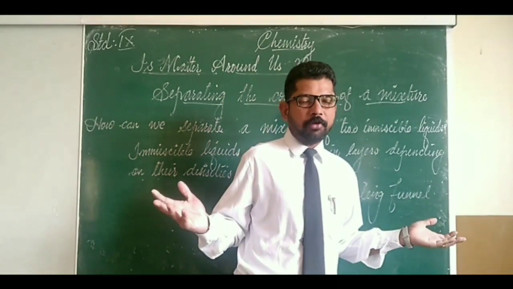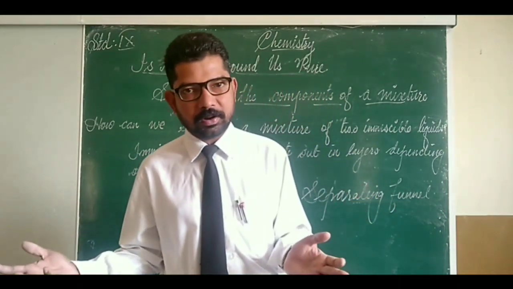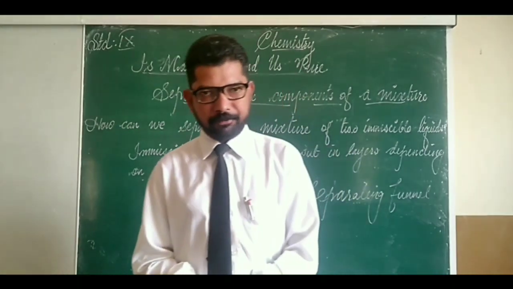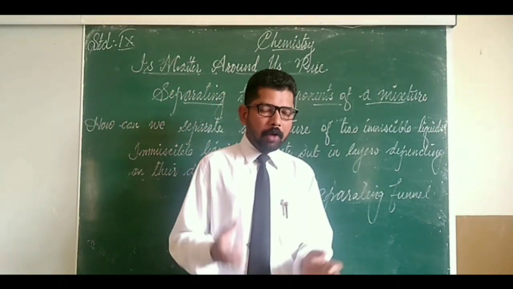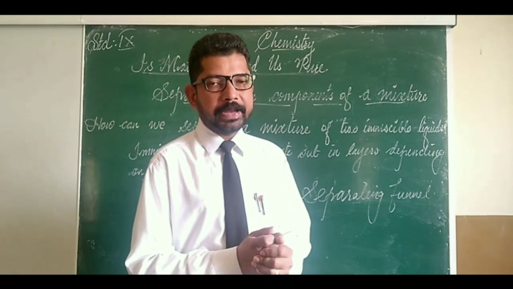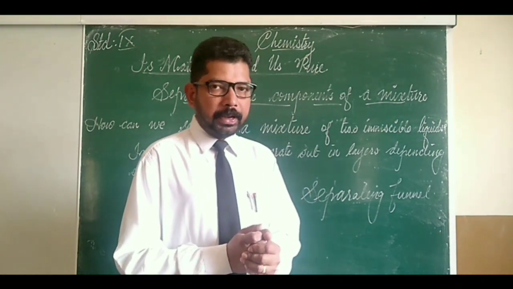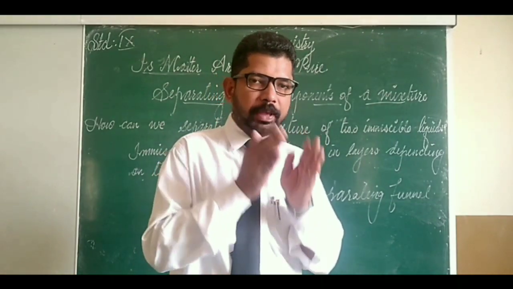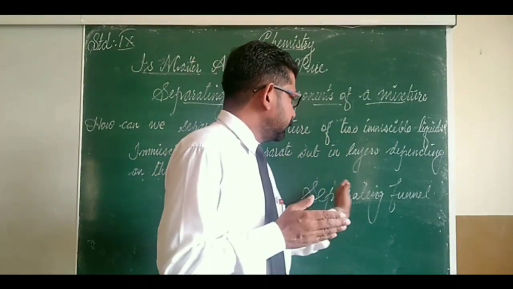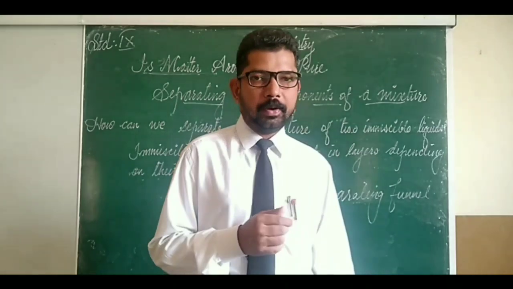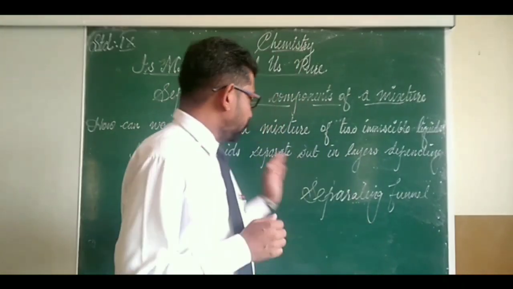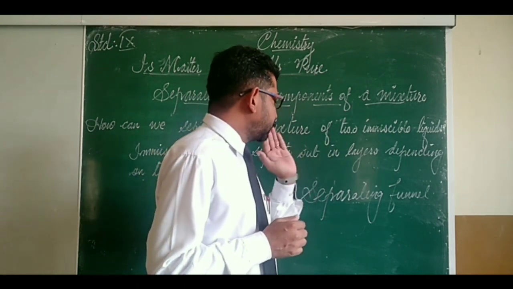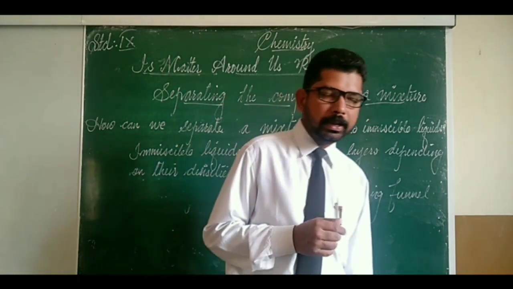It can be asked as a question: how can we separate the mixture of oil and water? We can separate it with the help of a separating funnel. And now we have to know what is the principle behind the separating funnel, or the principle behind the separation of immiscible liquids using a separating funnel.